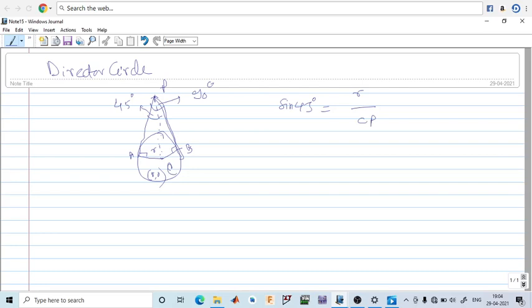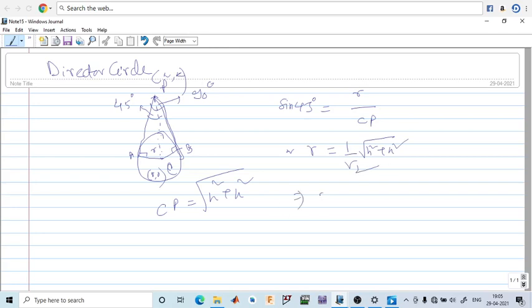Clear? Then what is CP? If this point is (h, k), then the distance CP is root over h square plus k square. Then R is root h square plus k square, sine 45 is 1 by root 2.